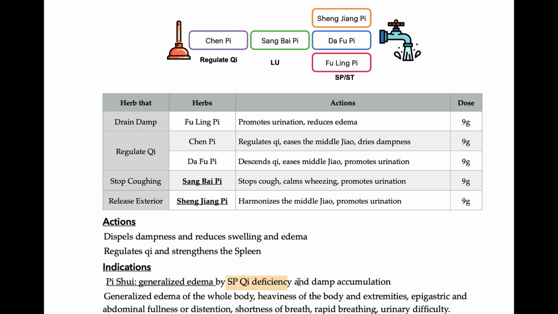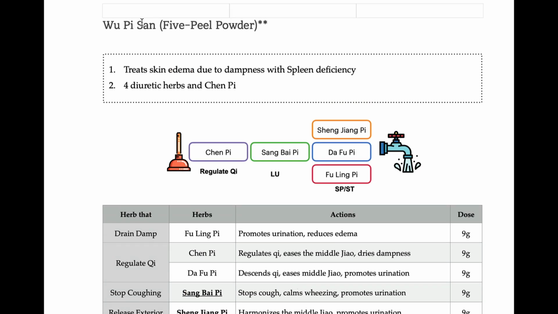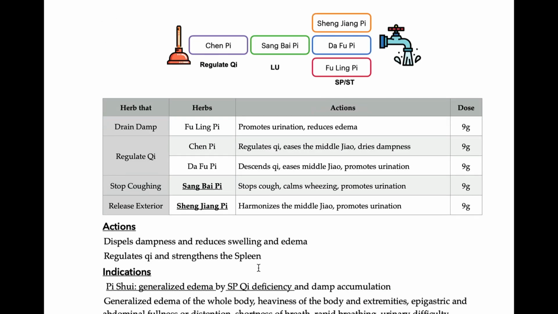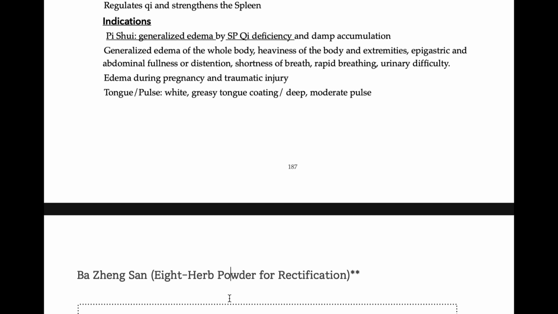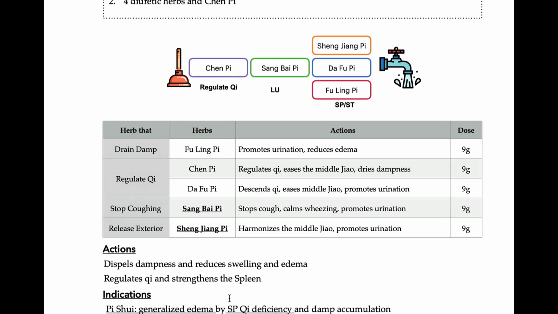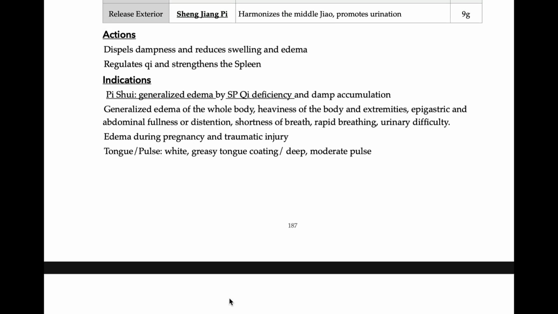This is the keyword for Wupisan. Wupi means five skins, because it uses the skins like shengjiangpi, and it treats generalized whole body edema in the superficial area. So connect this P and P. Generalized edema on the superficial area with spleen deficiency. A weak spleen cannot regulate water. That is the pathology behind it, Wupisan.